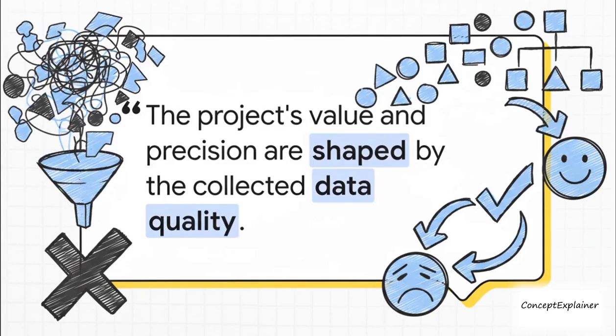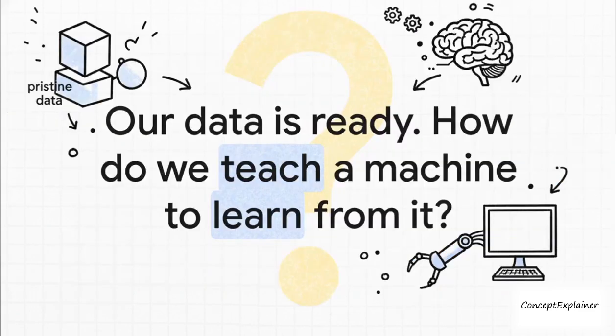And this really gets to the heart of it. The final value and the precision of your entire project are decided right here, in these early stages. It all comes down to the quality of your data. You've heard it before, garbage in, garbage out. Well, the reverse is also true. Quality in, quality out.